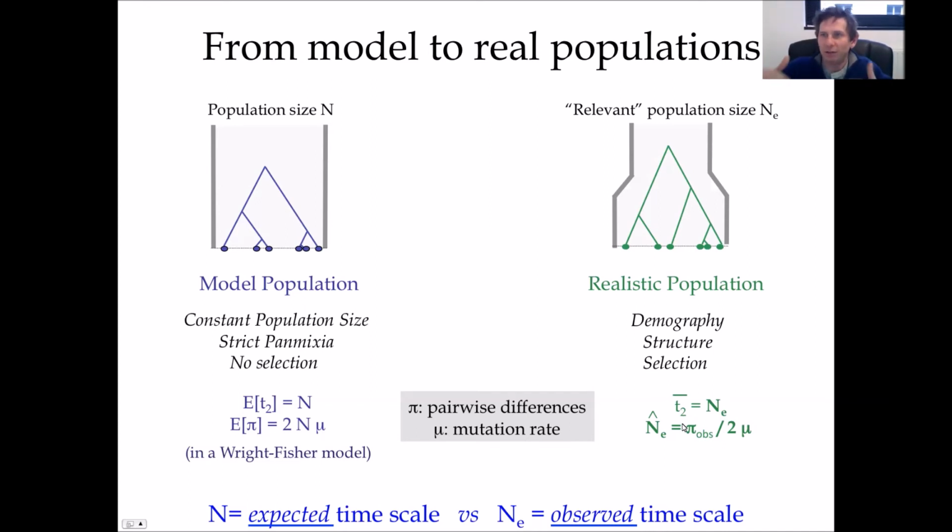And we're going to retrieve how many generations I need to go back in time to find a common ancestor, and call that effective population size. Somehow, the population size is the expected time scale, provided that the standard neutral model is true. And effective population size is the observed time scale, right? N is the expected number of generations I have to go back in time, and E is the observed, inferred number of generations I have to go back in time to find a common ancestor.